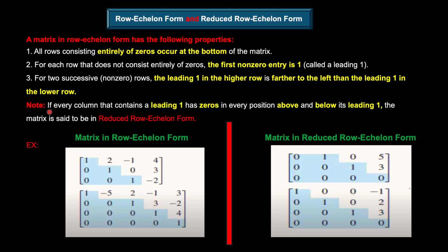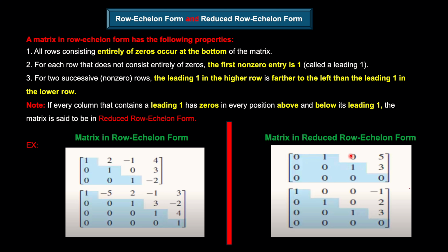Note that if every column that contains a leading one has zeros in every position above and below it, for example, if we don't have anything above, no problem, the condition is satisfied also. If we have zeros below, the condition is satisfied.